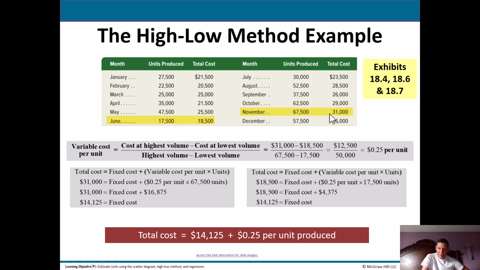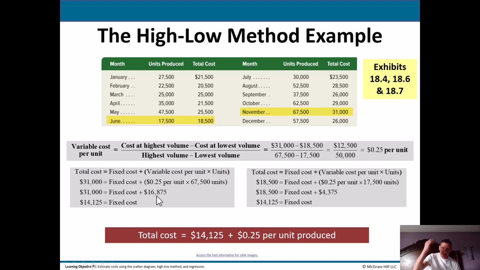So I'm just plugging in my numbers, and then below this, 31,000 equals the fixed cost plus 16,875. 16,875 is just from above, 0.25 per unit times 67.5.